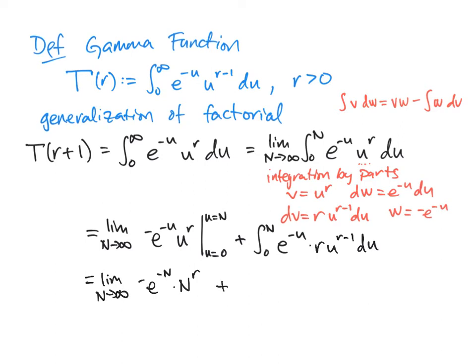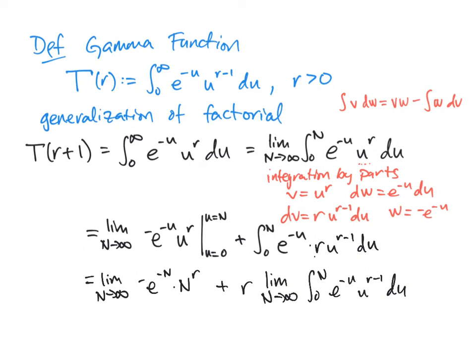And now I can pull this r out to the front, and I'm going to keep my limit so that I can think about each part separately: the integral from 0 to n of e to the negative u times u to the r minus 1 du.